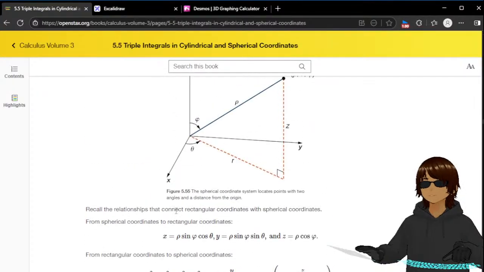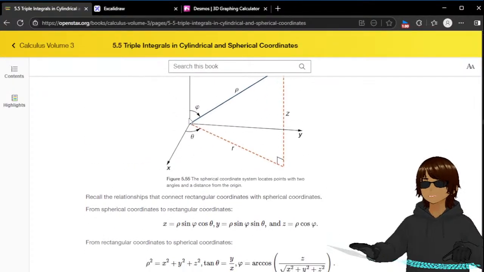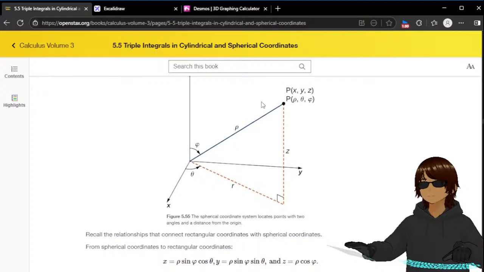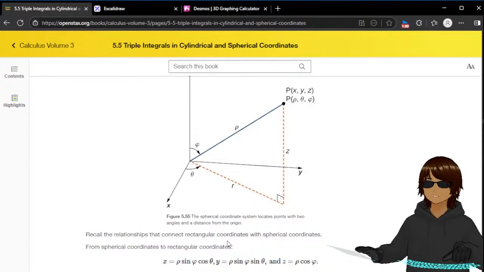So rho sine phi gives the r value, and then r cos theta gives the x value. Rho sine phi gives the r value, and then sine theta gives the y value. And rho cos phi gives the z value.